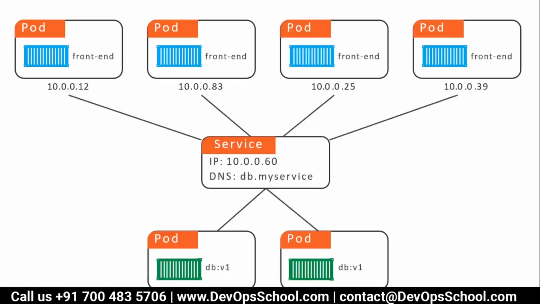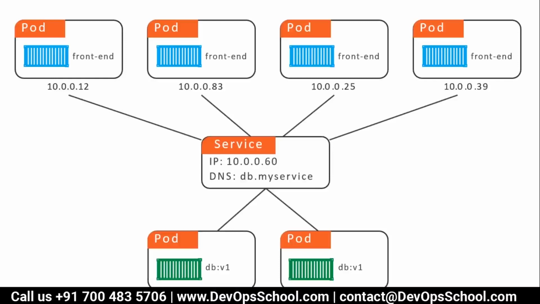Then it has a fully qualified domain name as well. So now the front end pod will not communicate with the backend pod directly. They will communicate with the service, and the service, the one you see in the middle, will load balance the backend pods. Backend means DB pod.